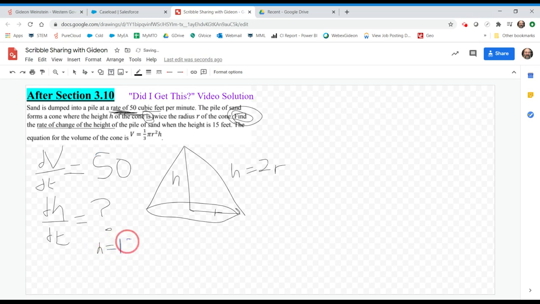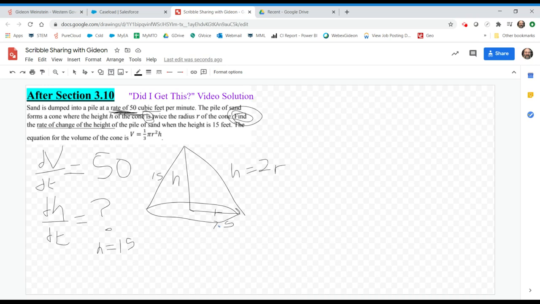The sand keeps piling in, but at the instant we're 15 high, and therefore 7.5 wide, since height is 2r, how fast is the height getting taller?